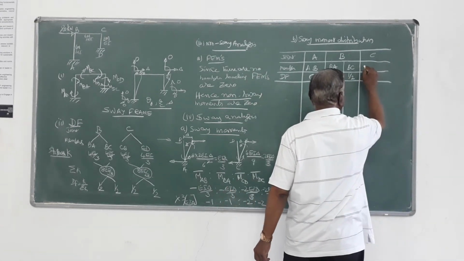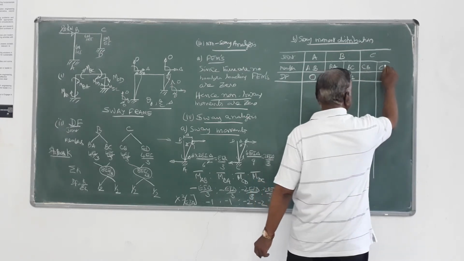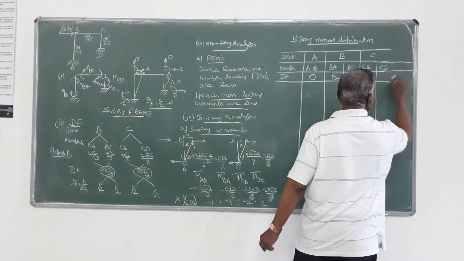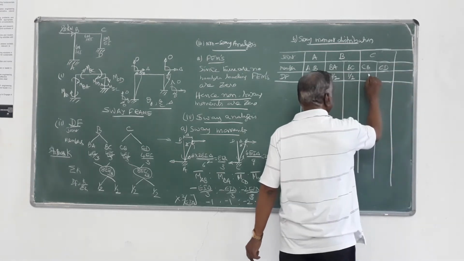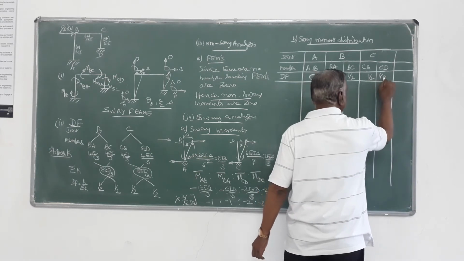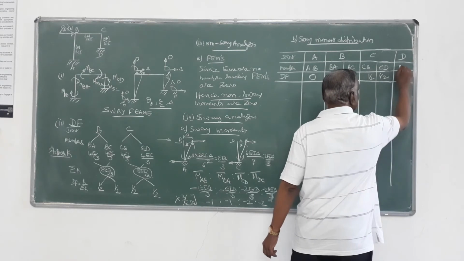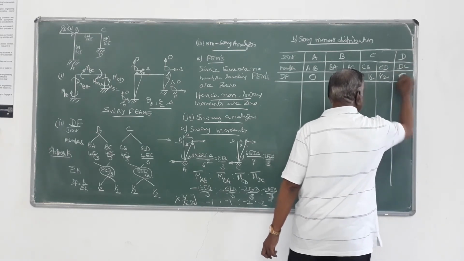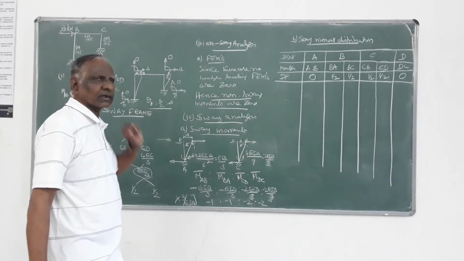Next, joint C, members CB and CD, with the distribution factor again half, half. Lastly, joint D, member DC, since it is fixed, the distribution factor is 0.